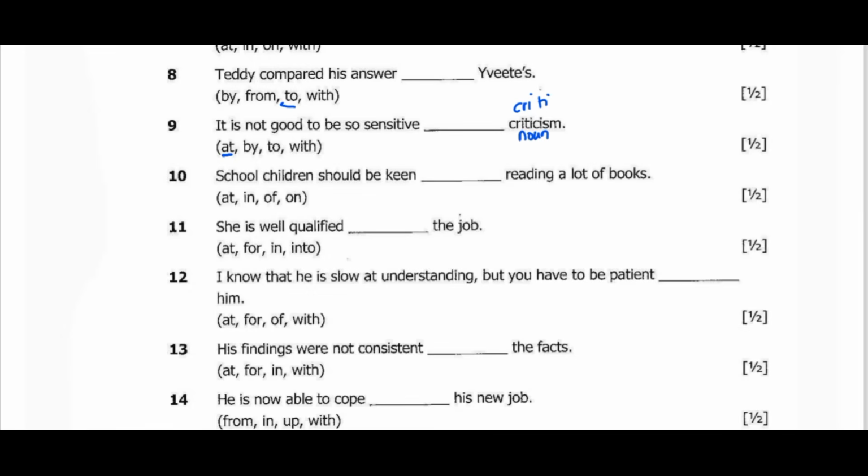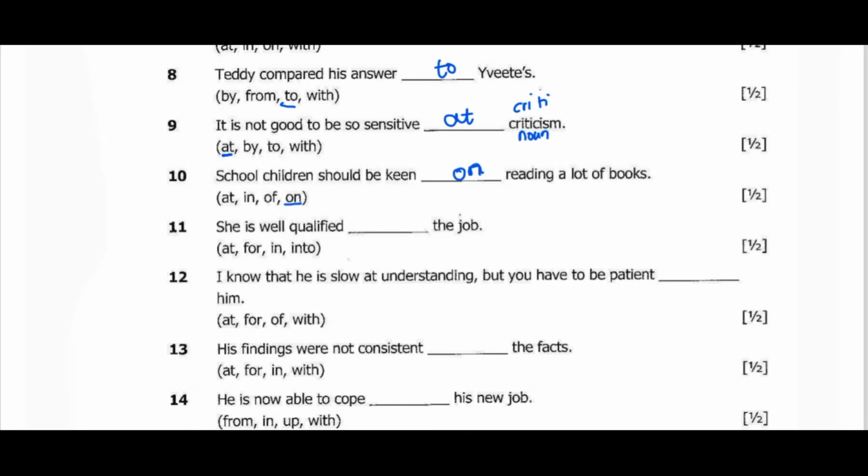Okay, so 10, school children should be keen - reading a lot of books. To be keen is to be eager, wanting to do something. So it's on, should be keen on reading a lot of books.